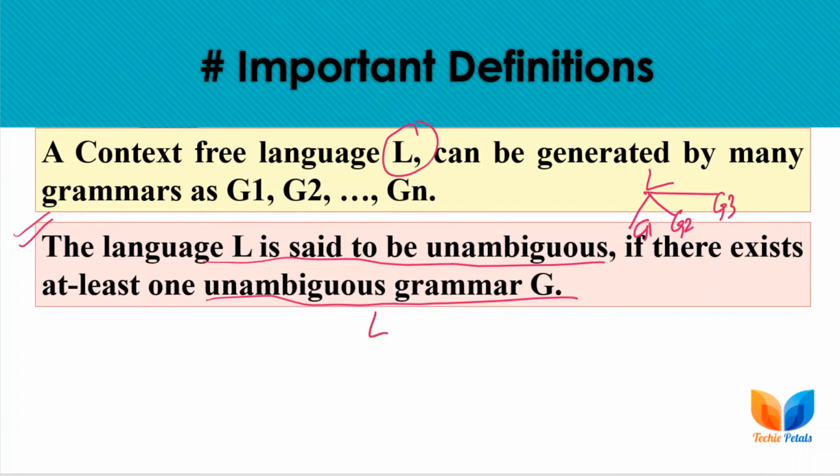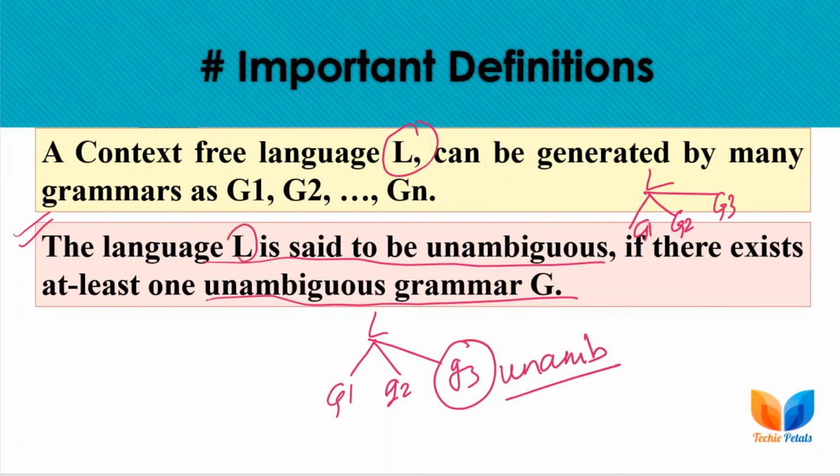If at least one grammar is unambiguous, then we can say that the language is unambiguous, meaning we have at least one unambiguous grammar option for this particular language. We can declare that language as an unambiguous language.